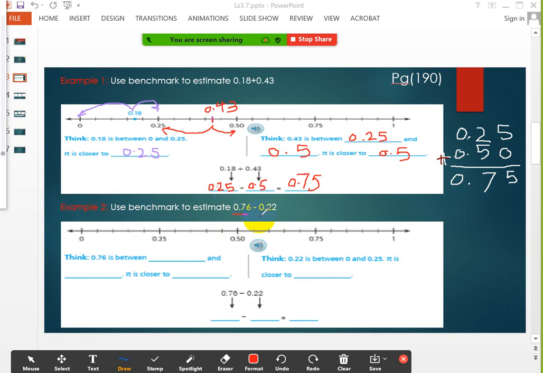Okay? So let's locate the numbers on the benchmark. Now 0.76 will be located between 0.75 and 1. Where is 0.76? Okay, this is 0.76. It will be right here, after 0.75.